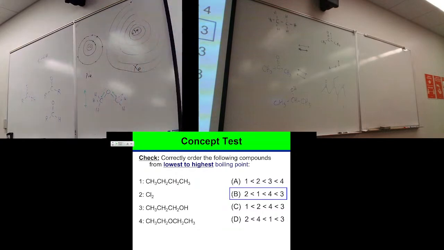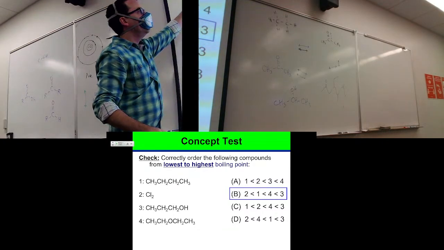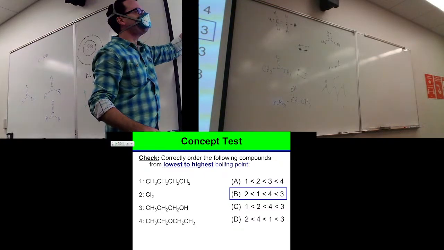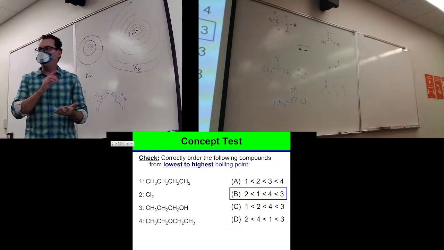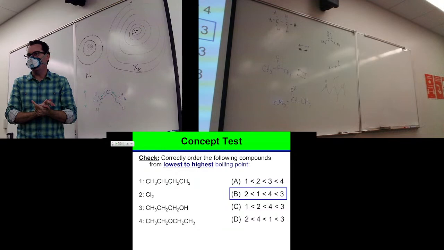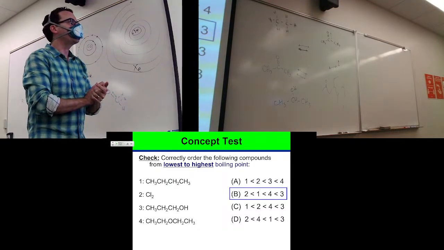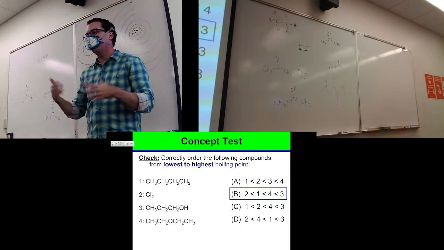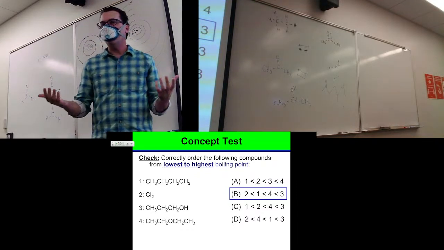Now, the question is, is it B or C? It's B, but why is 1 higher in IMFs than 2? If you went by molar mass, you might have guessed that 2 is a higher molar mass, higher IMFs. Because if you calculate the molar mass of this thing, 2 chlorines, chlorine is 35.5, it's about 71 grams per mole.